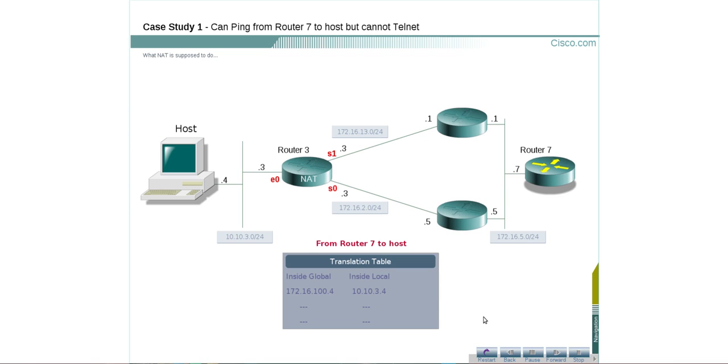When router 7 sends packets to the host, the packet will have a source address of 172.16.5.7, which is router 7's address, and a destination address of 172.16.100.4, which is the inside global address for the host. Once the packet reaches router 3, the translation table gets checked, and we find a valid translation. The packet then gets translated and routed out the E0 port of router 3 towards the host.